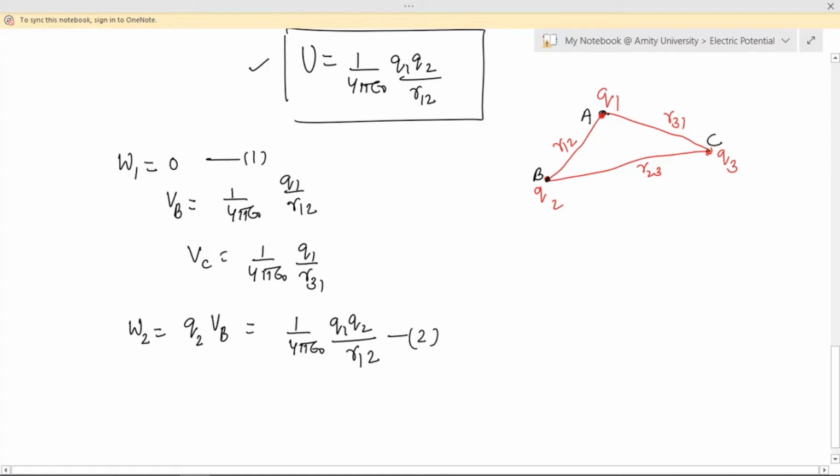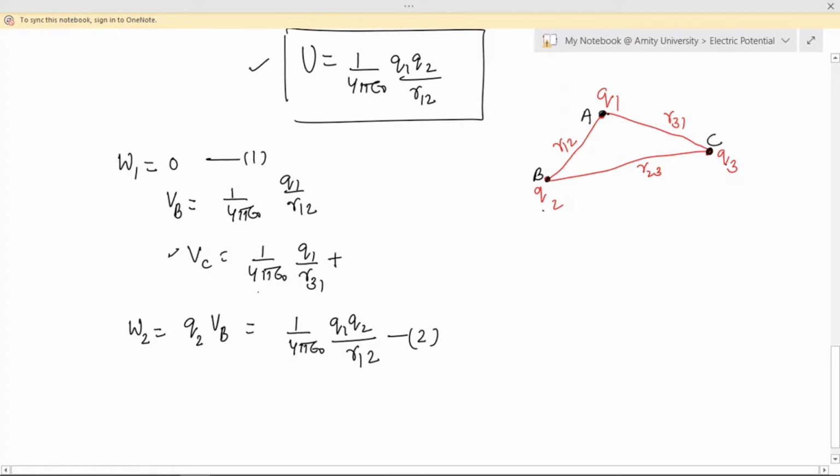Now we need to calculate the work done in bringing the charge Q3 from infinity to point C. For this, we first need to consider the potential at point C. Because of charge Q1, there is a potential at C, which we have already mentioned here. But since Q2 is also at point B, this Q2 will also create its potential at point C. So the total potential will be the sum of the two potentials.